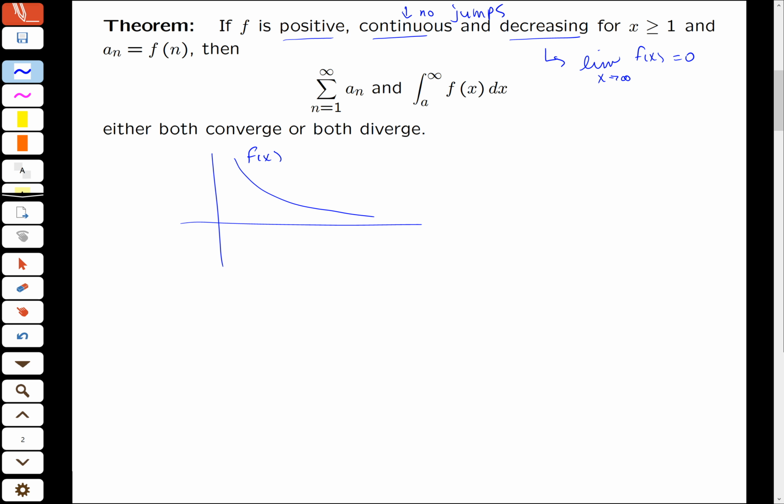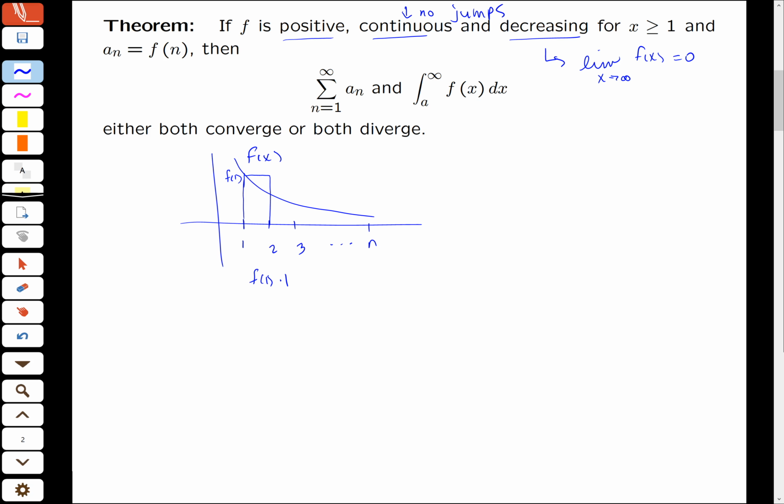So if I start this at n equals 1, this would be f of 1 right here. If you find the area of that first rectangle that I've drawn, its base is the width of 1, its height is f of 1, so that area is f of 1 times 1.